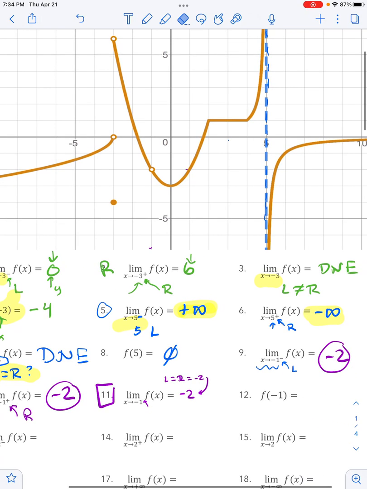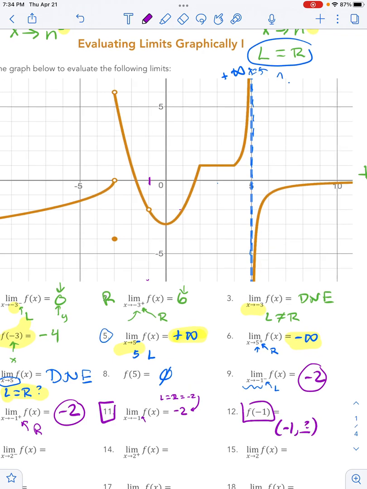Alrighty. Then in the 12th question, not surprisingly, it's actually asking me what is the value when you have a -1 as the x, what is the y? So I go back to my -1 and I'm looking. I don't see a value up here, and I actually don't have a value anywhere down here because this is open. So again, this one doesn't have a solution.